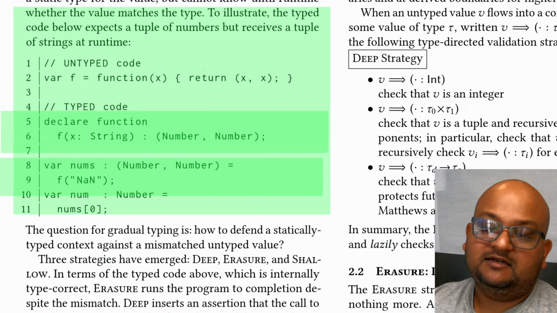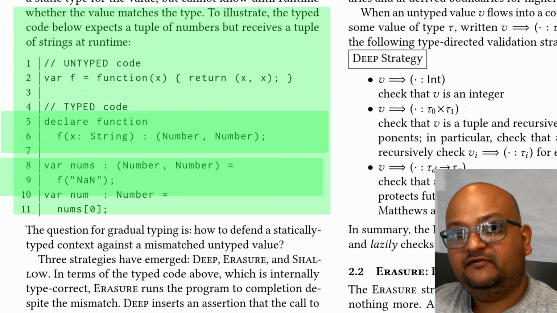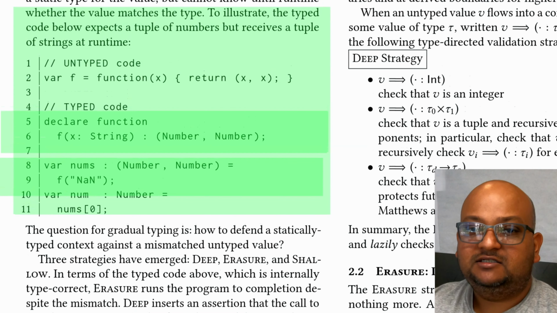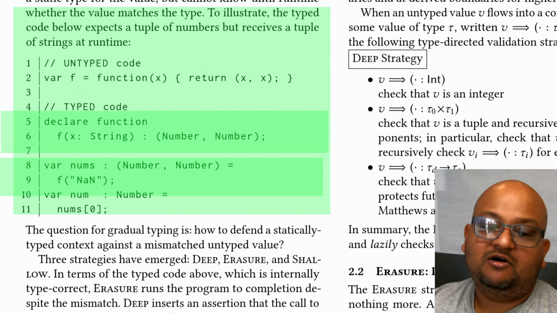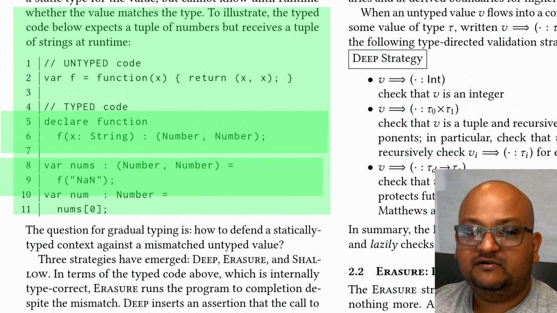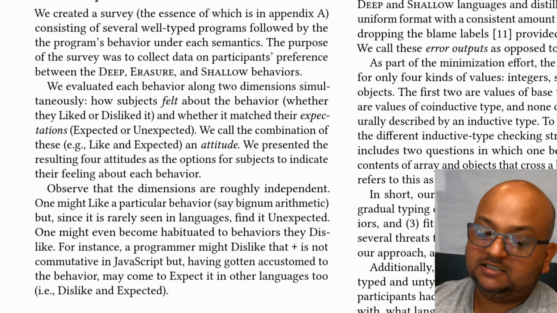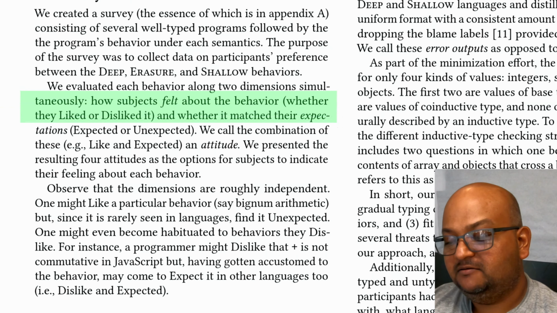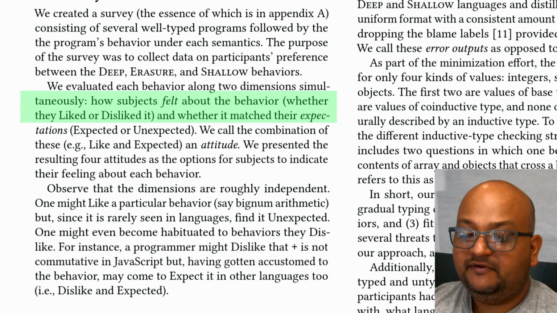What the authors have done is construct a survey with examples like this, where values flow across typed and untyped boundaries, and ask users what behavior they would expect or what behavior they would like, and compare it with various options in the design space for gradual typing. With this, we can judge the preferences of programmers. In the survey, they ask two questions of each of the options presented. One question is how you feel about the behavior, whether you like it or not.